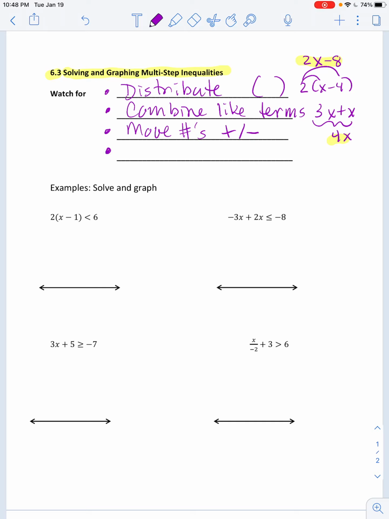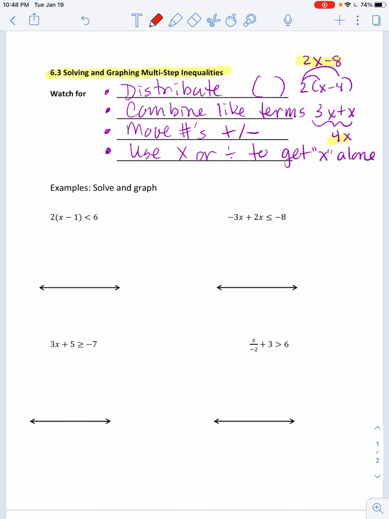And then the last step is to separate the number that's attached to the x, using multiplication or division on that very last step to get the x alone. And I'm going to put the x in little quotes because it doesn't have to be an x.